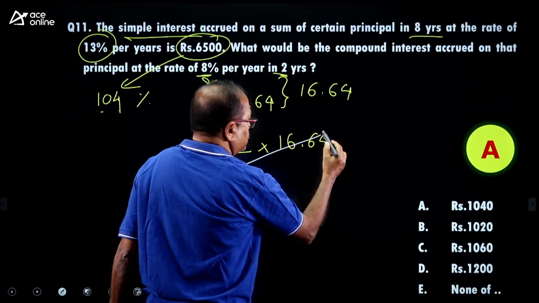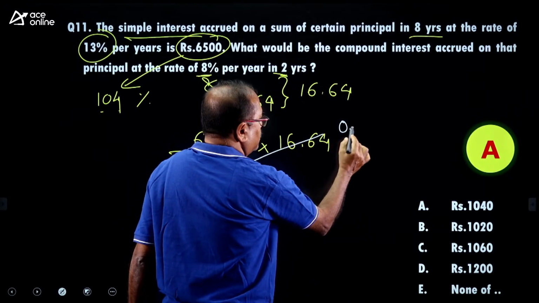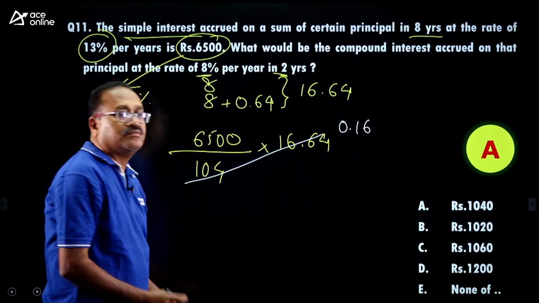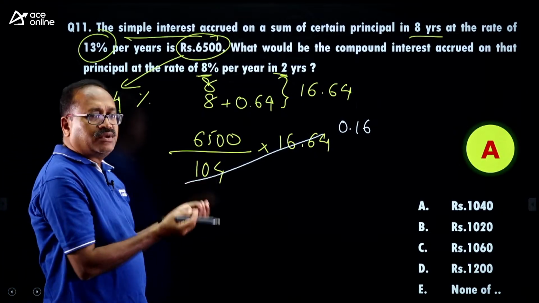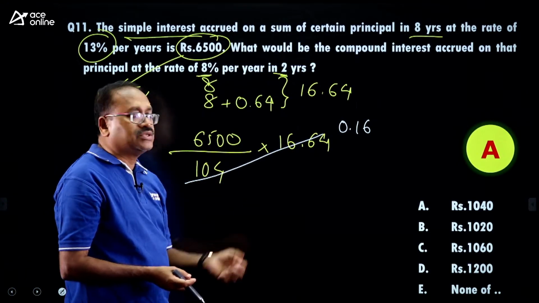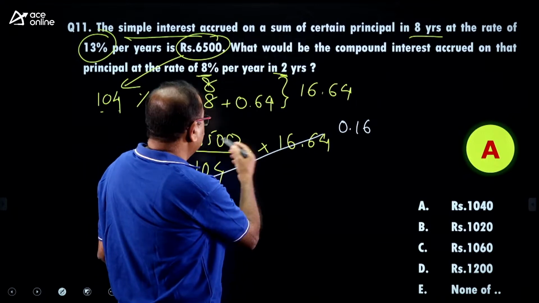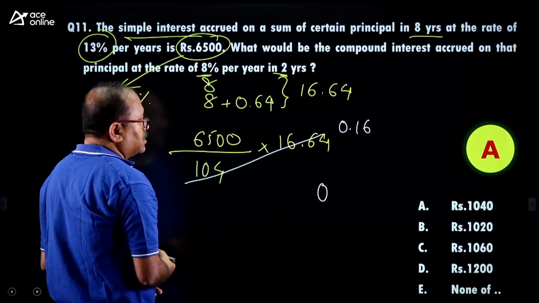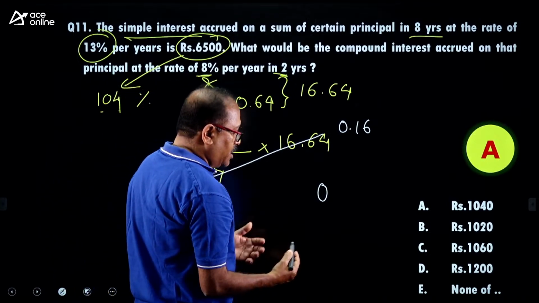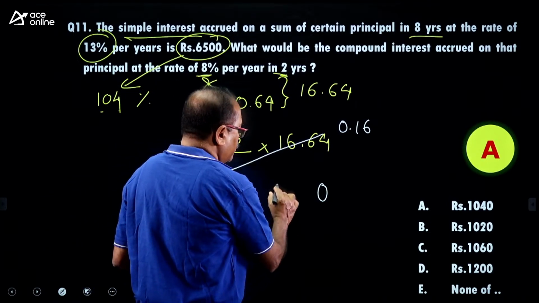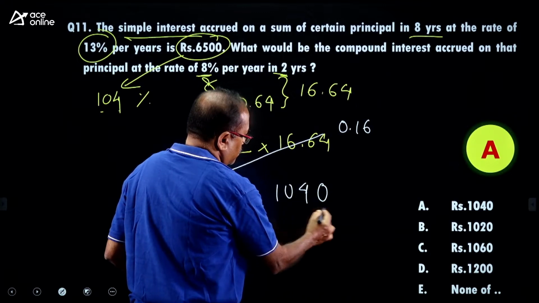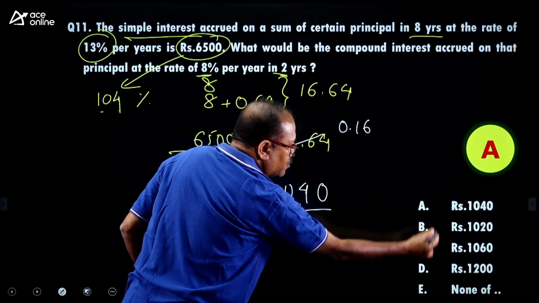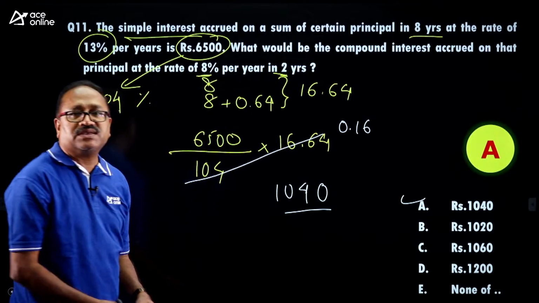Let me see, my friends, here it is getting cancelled, 0.16. That is a very simple calculation. 16 into 65 is your answer, which is 16 5s are 80, carry 8, and 16 6s are 96 plus 8, that comes to 104. That should be your answer. And do we have any option? Option choice A.